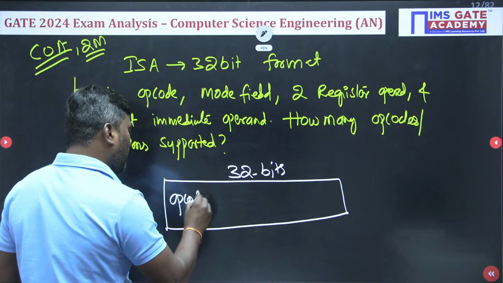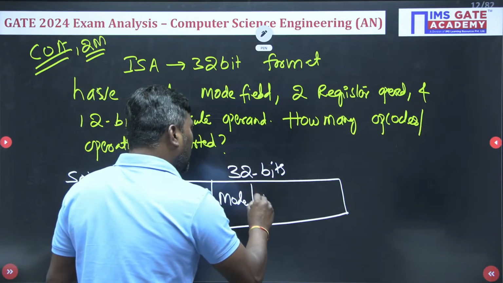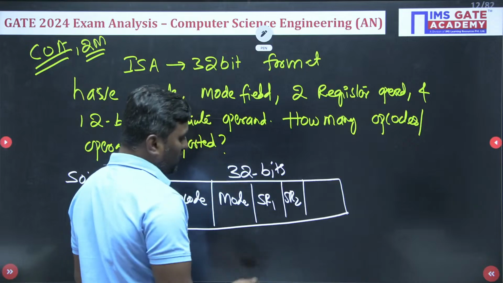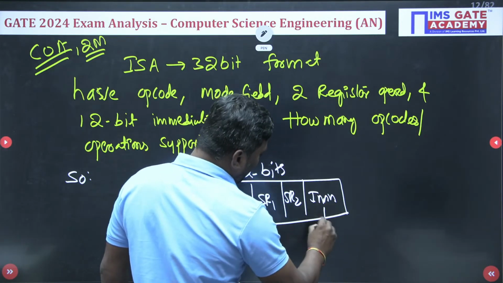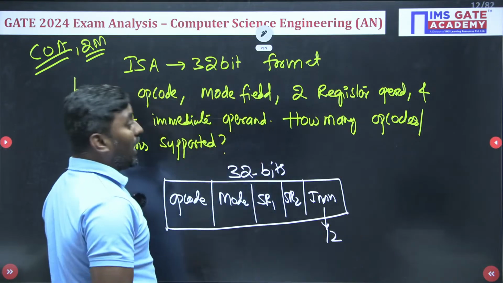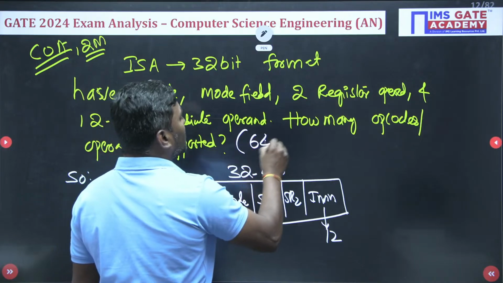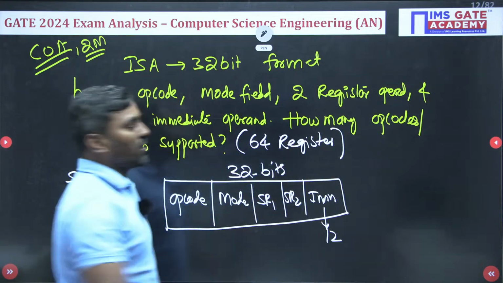The opcode field is followed by the mode field, then a source register and one more source register, and then the immediate operand field, which is given as 12 bits. In brackets they mention there are 64 registers supported by this architecture.